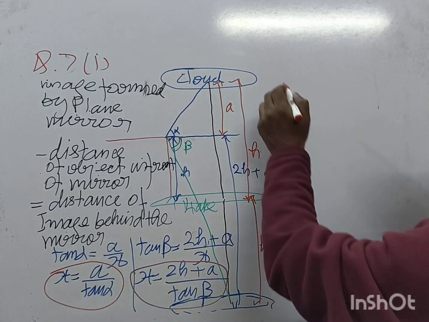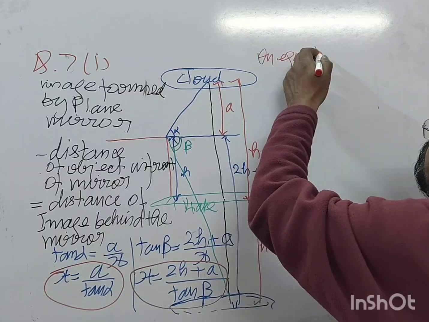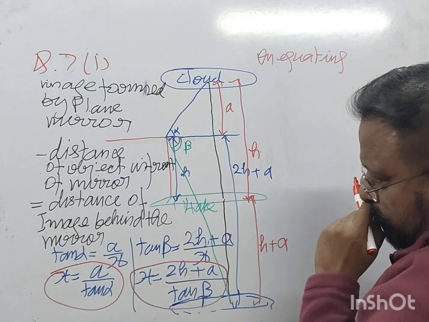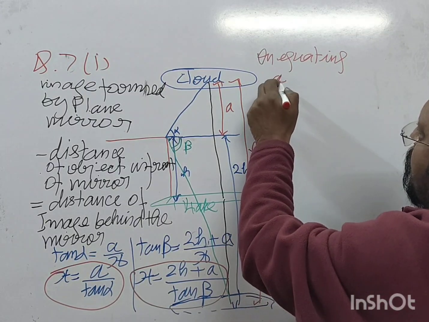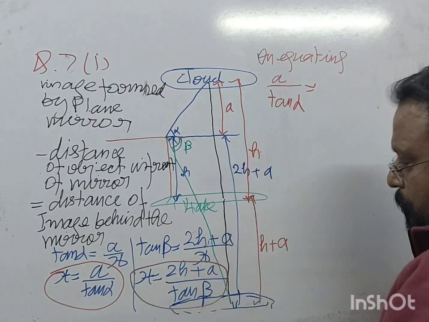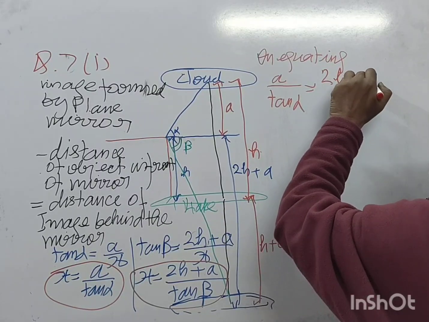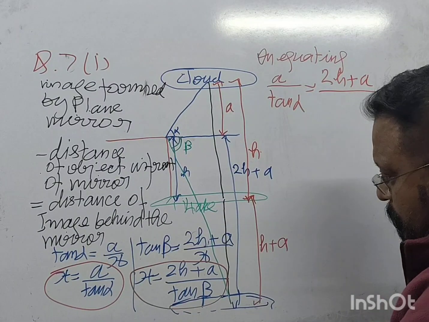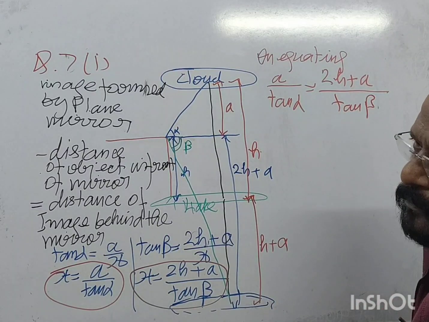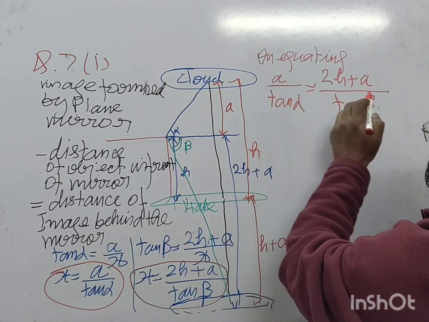So on equating, A upon tan alpha is equal to 2h plus A upon tan beta. So when we cross multiply it, then what happens?